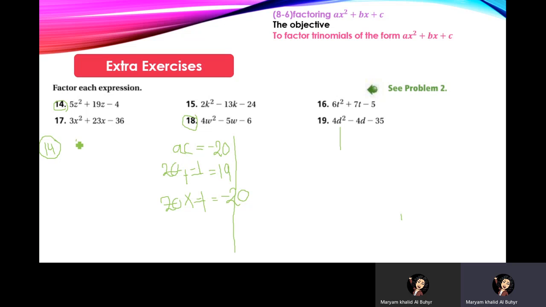Great. So let me rewrite my question: 5z squared plus 19z minus 4. I'm going to rewrite this part.